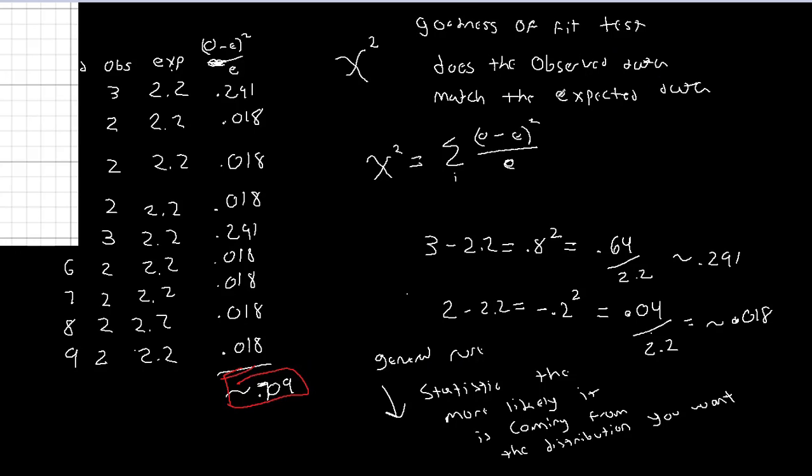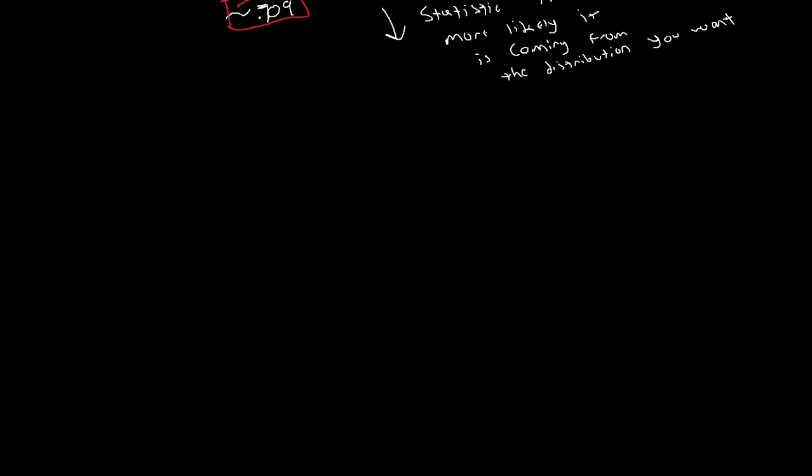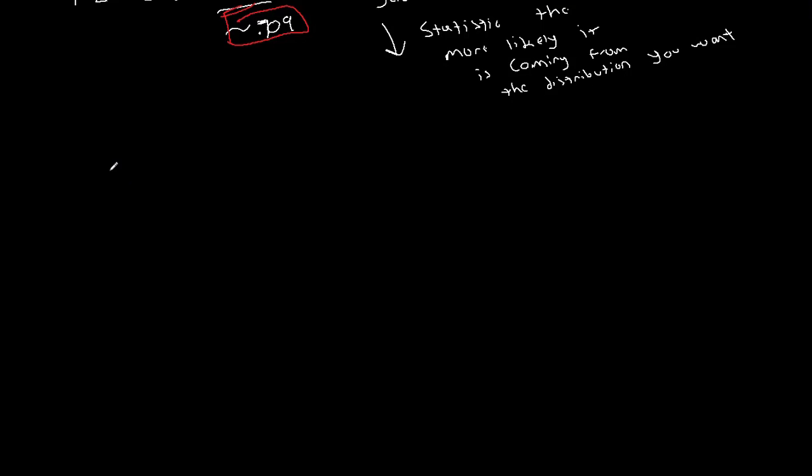Now, as with all hypothesis testing, we can take this a step further and do the p-value. So let's give ourselves a little bit of room here. Let's talk about the chi-square hypothesis. So what are we actually testing?